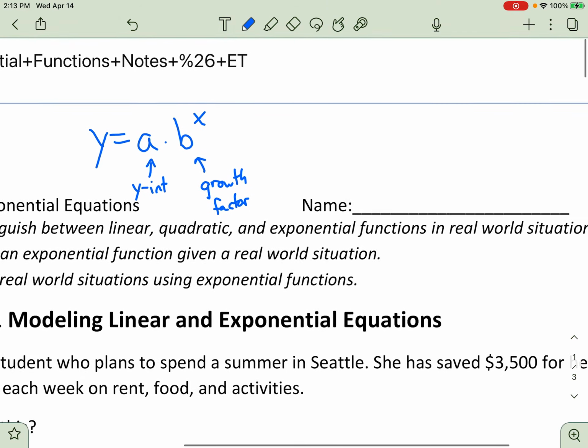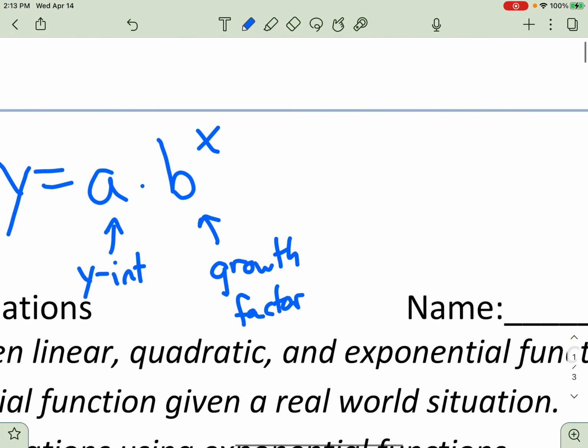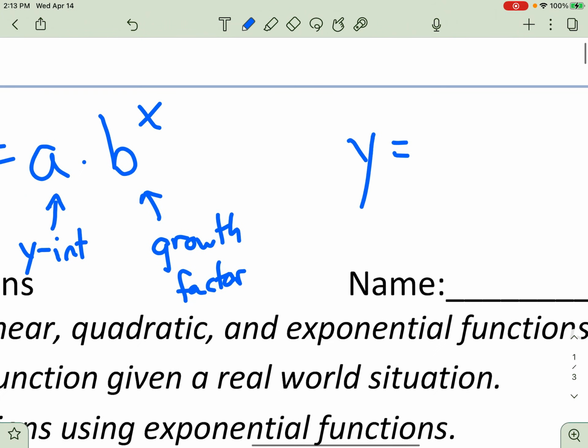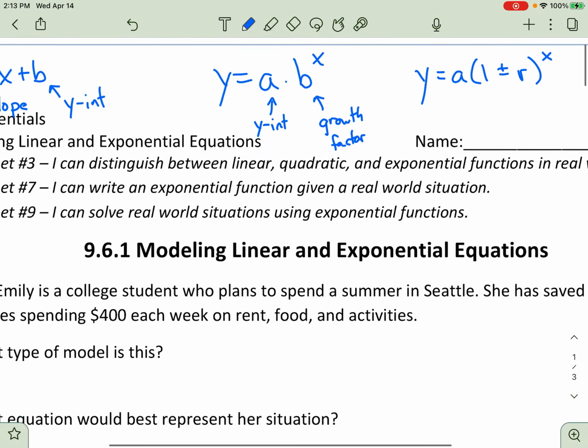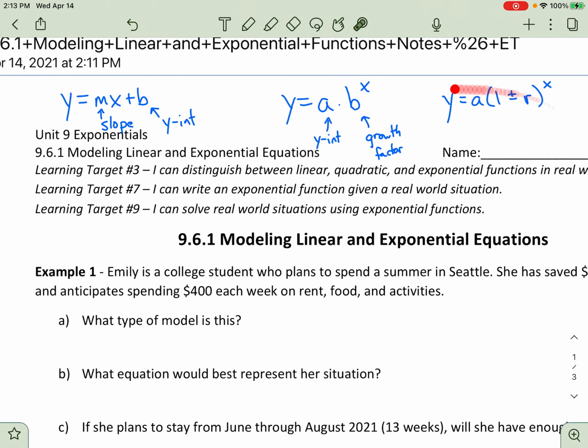Or, like we just had, if you get a rate, it's going to look like 1 plus or minus the rate, to the x. So you've got your exponential functions here and your linear function there.